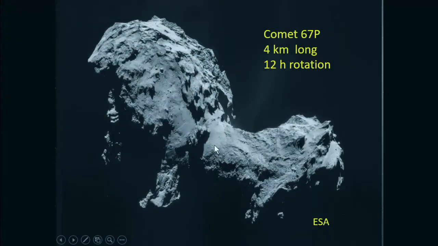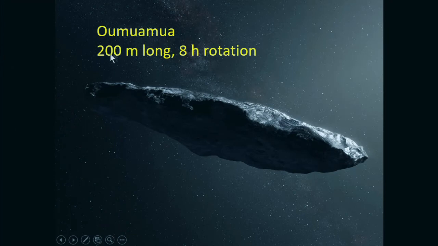But if this thing spun too quickly, I think the 2 bits would fly apart because there's nothing really holding them together. Now, if you have this object, Oumuamua, 200 meters long and an 8-hour rotation, that is so fast it would have to have strength to hold it together.